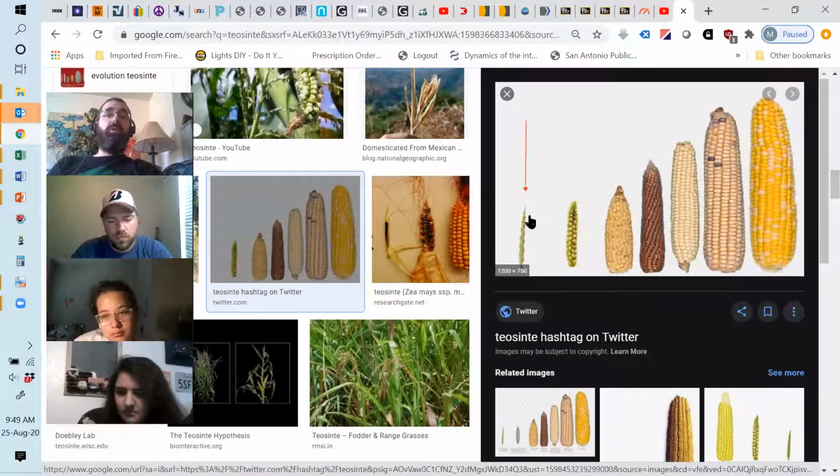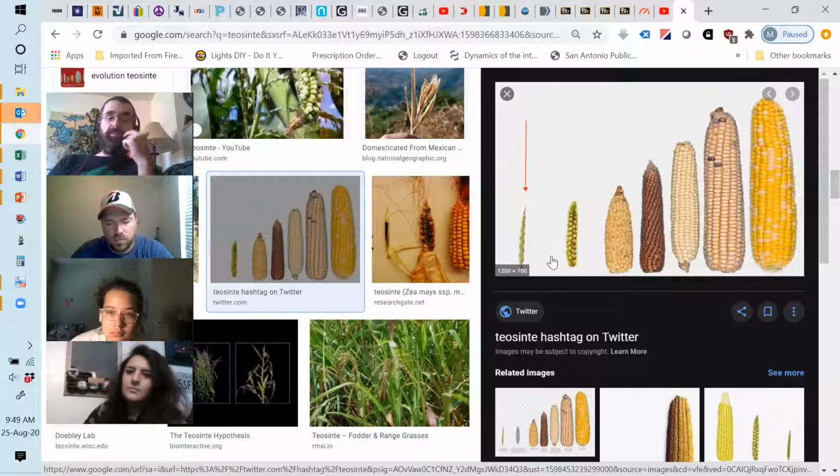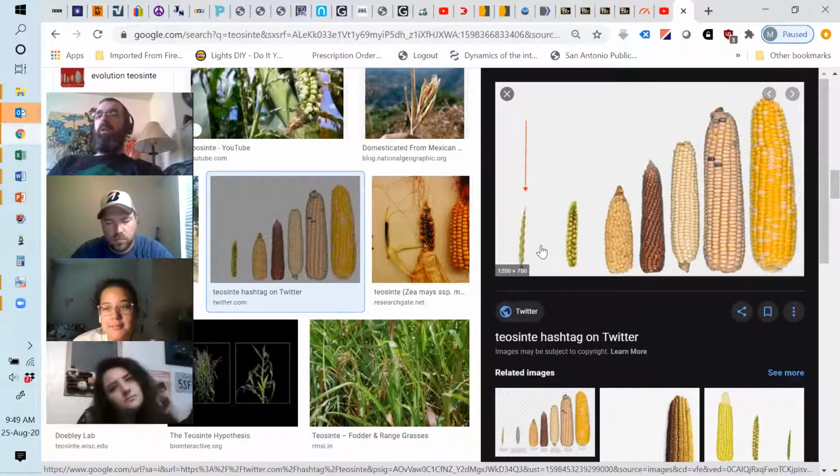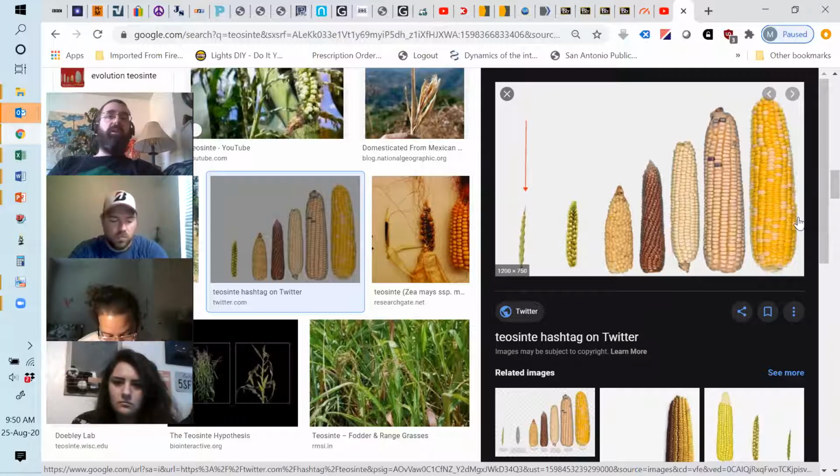So anyway, this is the one from teosinte, and obviously you wouldn't want to be putting that on your dinner plate, right? You wouldn't be able to get an awful lot of butter on it, for example. But over hundreds, if not thousands of years, selective breeding, kind of genetic accidents, and so on have led to something that would be unrecognizable to people who lived 500 or 600 years ago, right?